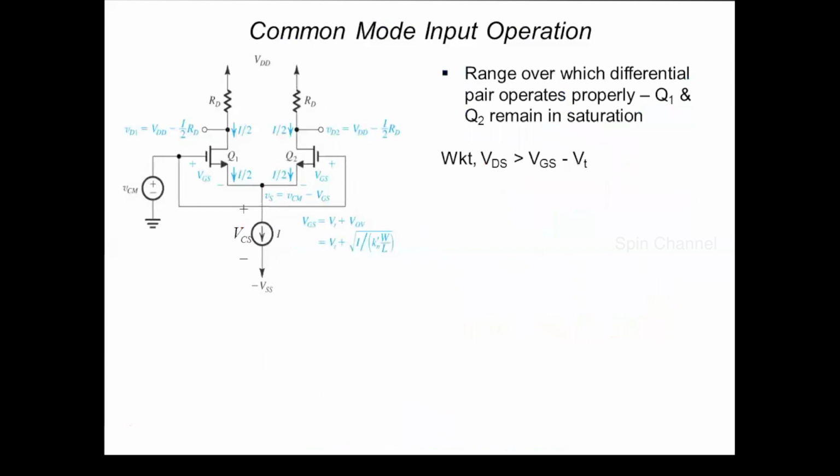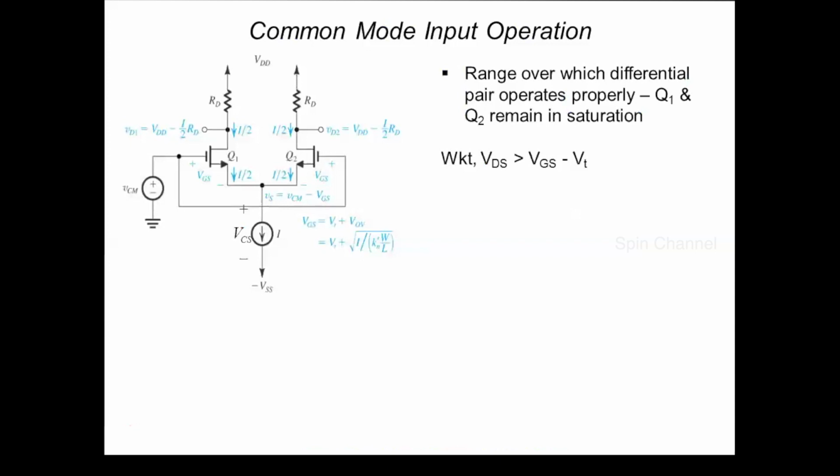The highest value of the common mode range can be obtained by keeping the transistors Q1 and Q2 in saturation. The condition for saturation is that VDS should be greater than or equal to VGS minus VT. So let us take the expression VDS equal to VGS minus VT.